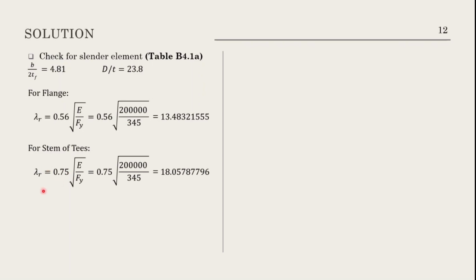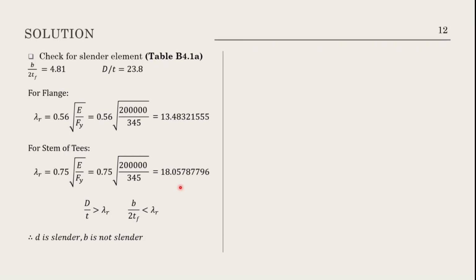This is also found in the width to thickness ratio table. So 23 we compare with 18, and 4.81 we compare with 13. For the flange, that is less than, and for the stem of the T, that is greater than. So meaning D is slender and B is not slender.